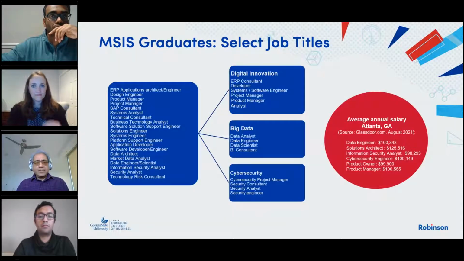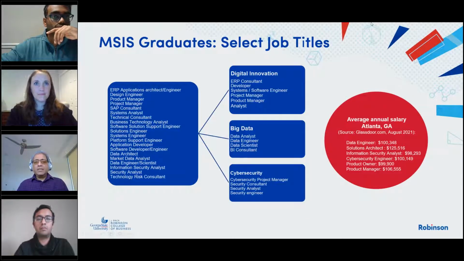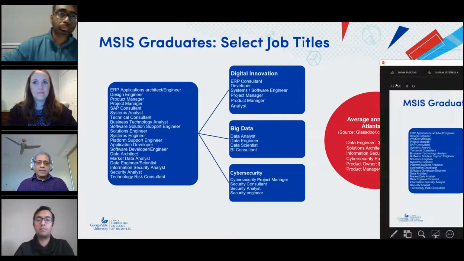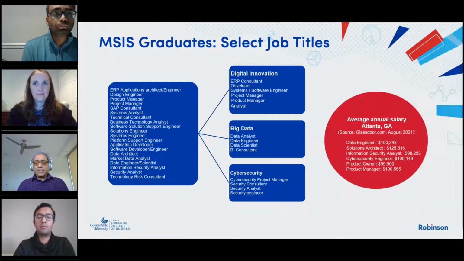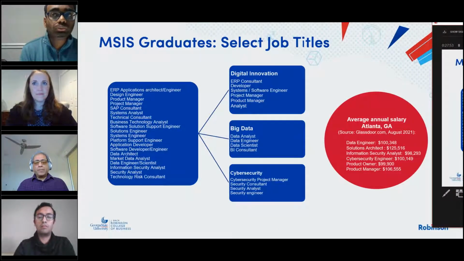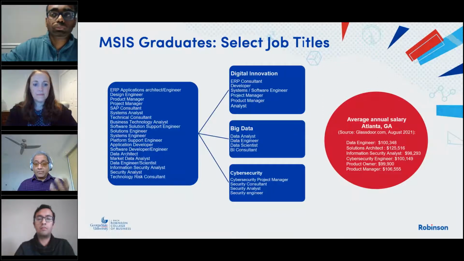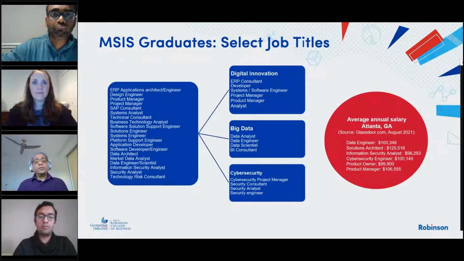On to the next slide, please. So here are some examples of the types of jobs you might find after you finish our degree. Just a few examples of it. Depending on the concentration, of course, we have 3 concentrations. Big data analytics tends to be the most popular.